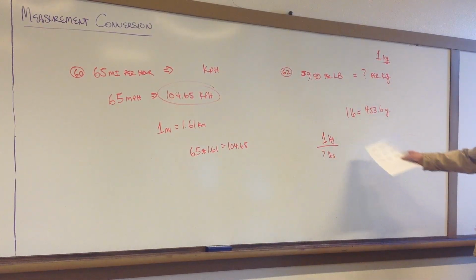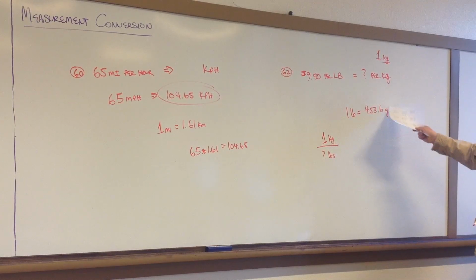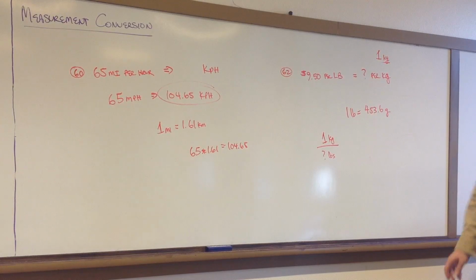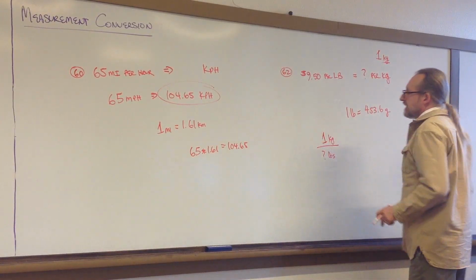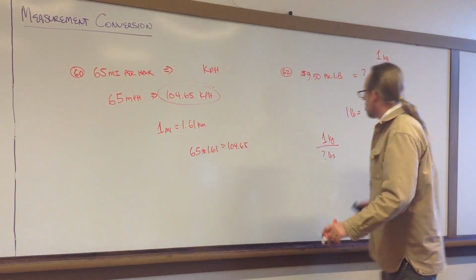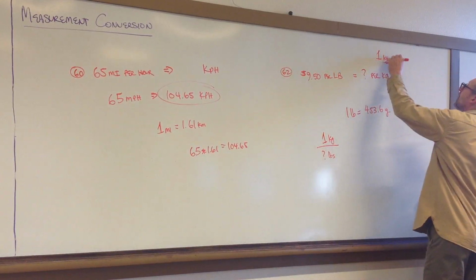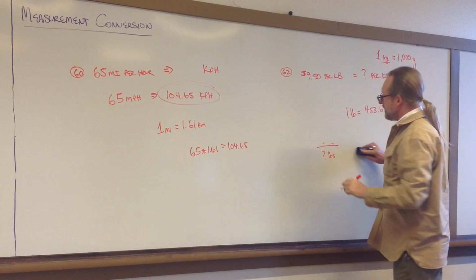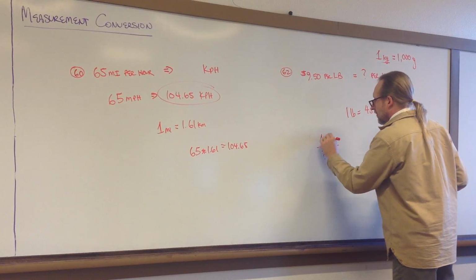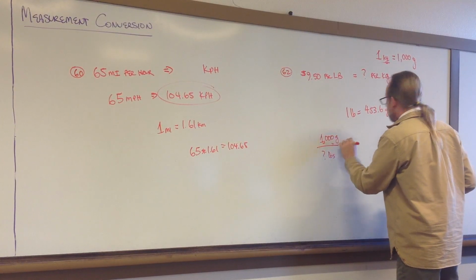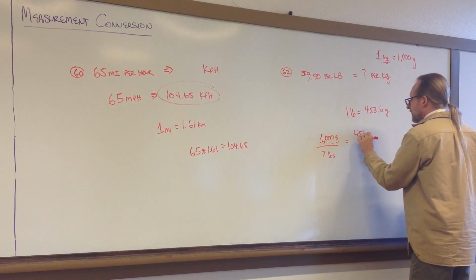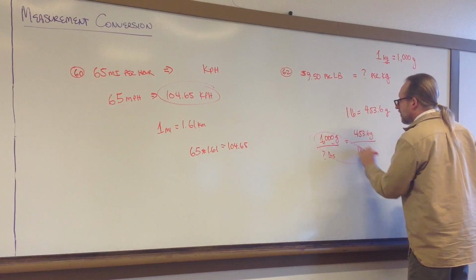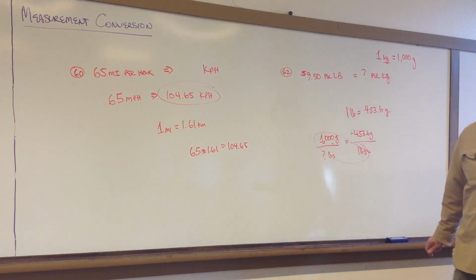Well, see, that's the thing. I'm going to set up a proportion here, but my conversion factor is for grams. So let's turn these kilograms into grams. All right, so 1 kilogram, 1,000 grams. So then we'll come down here, we'll make this 1,000 grams. Then we can put our 453.6 up there, our 1 pound here, multiply those, divide by that one.